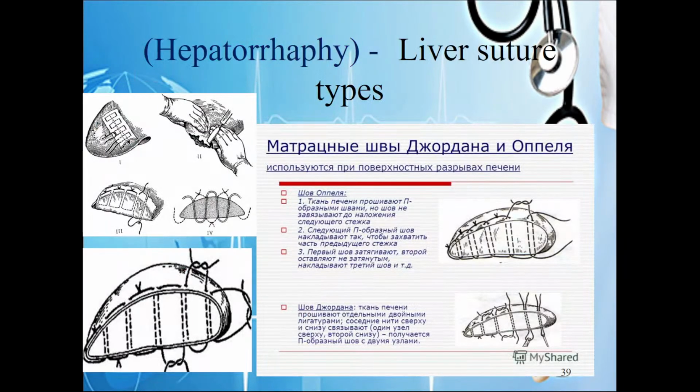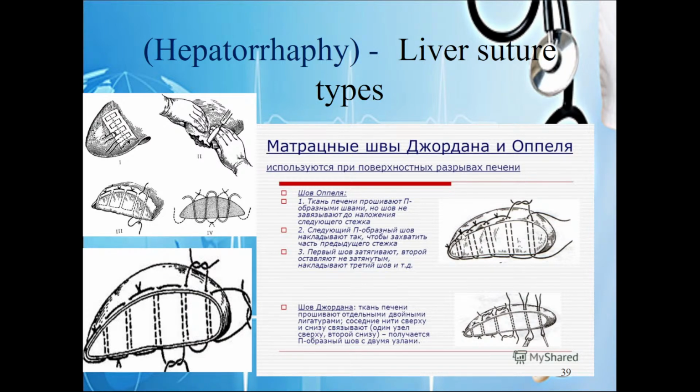So, hepatography, the most simple, yeah? The sutures that are used are the sutures of Jordan and Oppel. So, the Oppel sutures are single interrupted sutures. But in our case, we take the part of the parenchyma of the former suture, the previous suture.